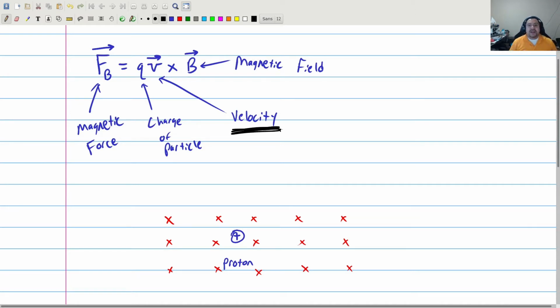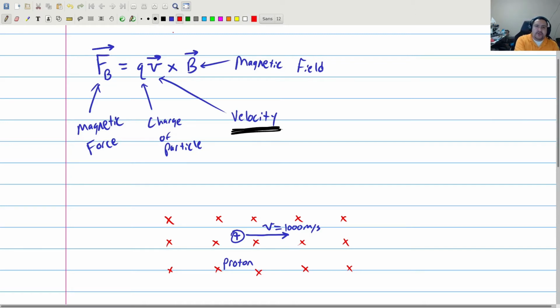So it turns out this magnetic field is not going to affect this proton unless we make it start moving. So let's say we start moving our proton to the right. That's its velocity. Now our proton is moving. Maybe it's going to go, I don't know, how about 1,000 meters per second? So here goes our proton. It's traveling to the right. It's moving 1,000 meters per second.